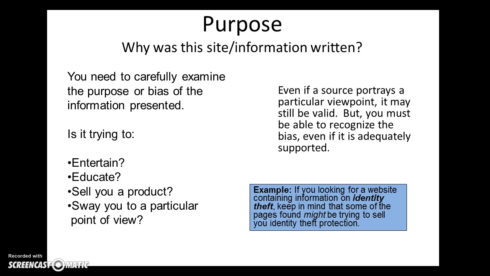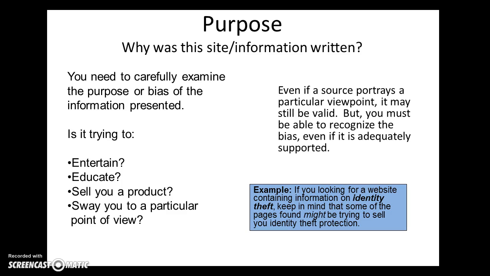Finally, purpose. Why was this site or information written? You need to carefully examine the purpose or the bias of the information presented. Is the author trying to entertain, educate, sell you a product, or sway you to a particular point of view?